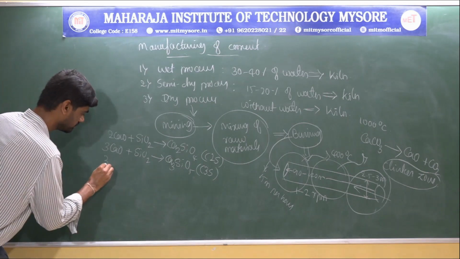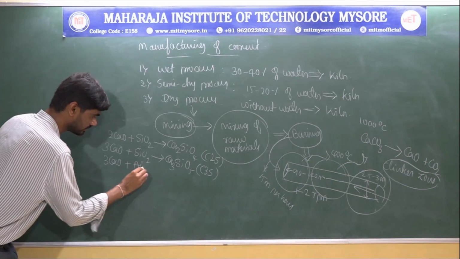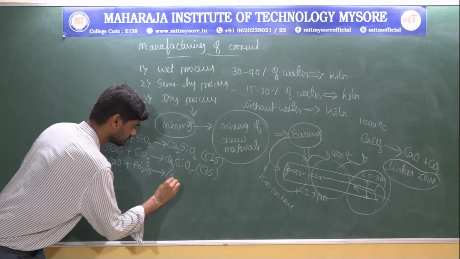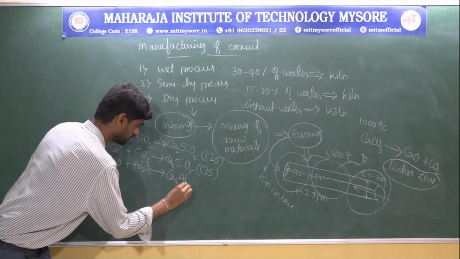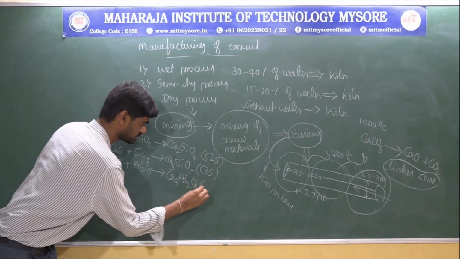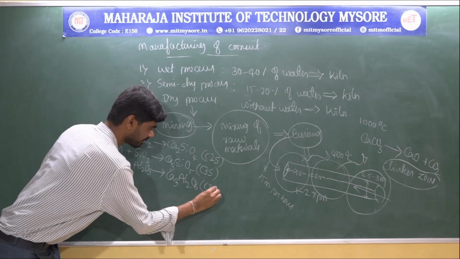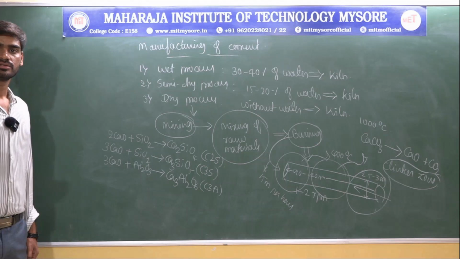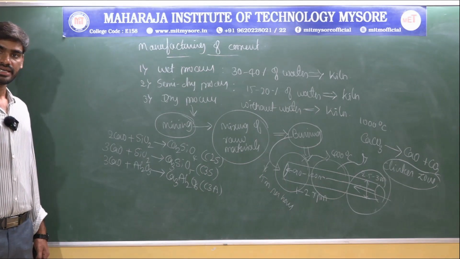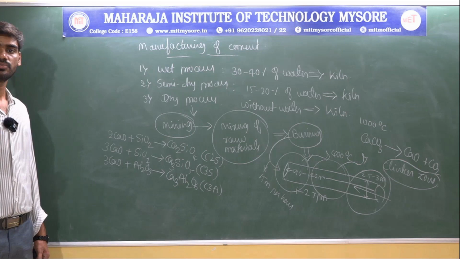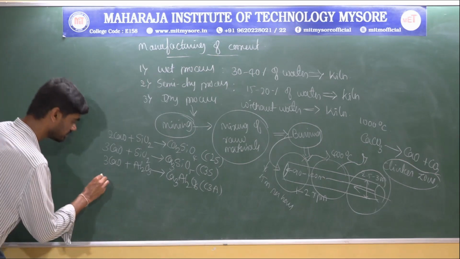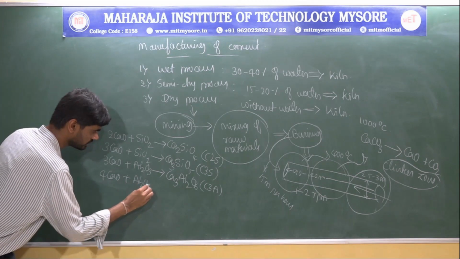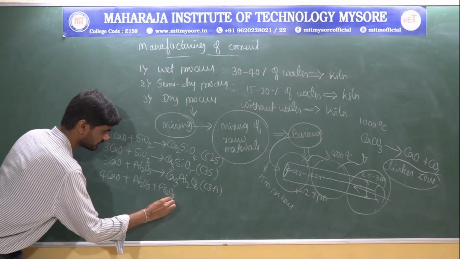And then when 3 moles of CaO react with alumina, Al2O3, it gives rise to Ca3Al2O6, which is represented by C3A. And finally, C4AF, calcium aluminoferrite, forms when 4 moles of CaO react with Al2O3 as well as Fe2O3.